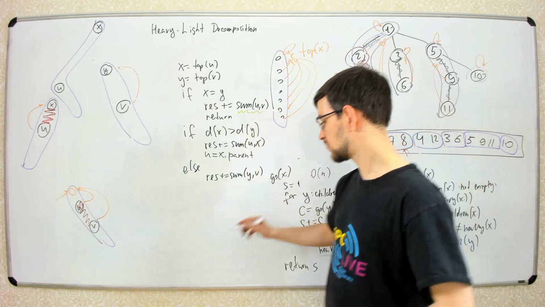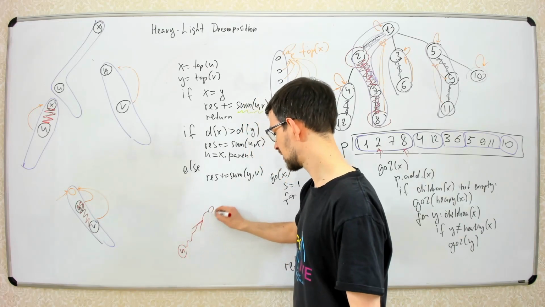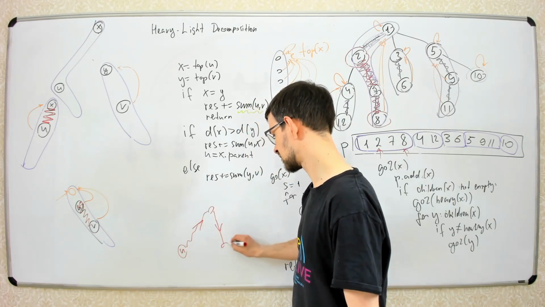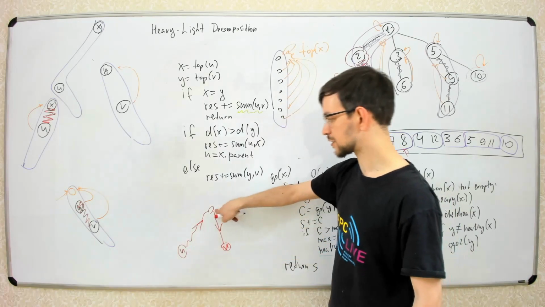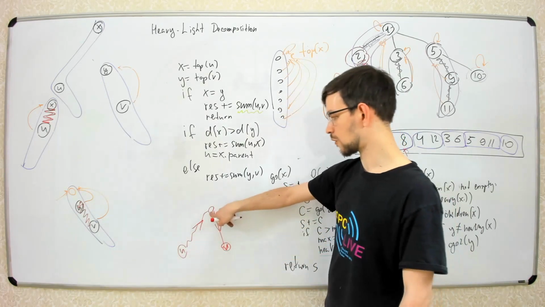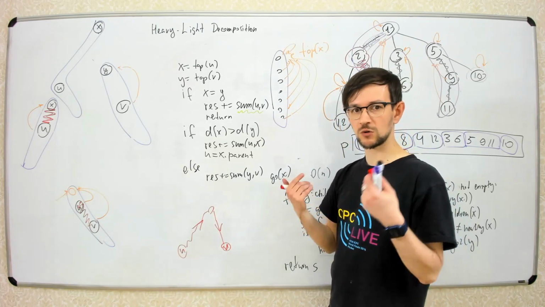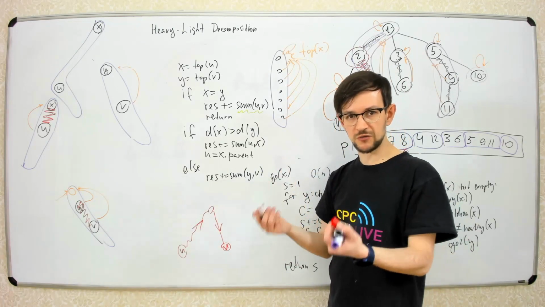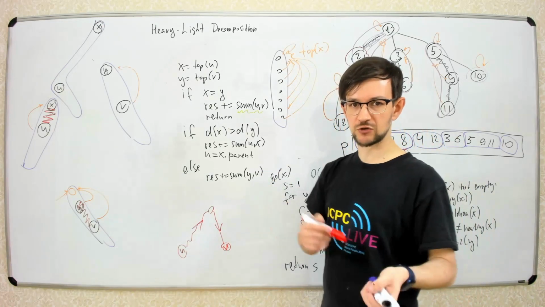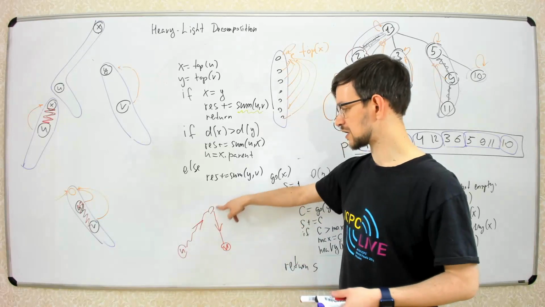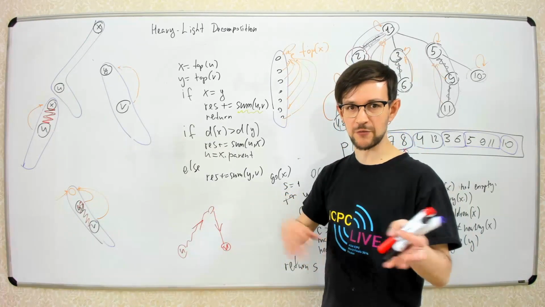If you take the path from U to V, it goes like this: first it goes up, and then it goes down. So when you calculate the function, on this part you need to calculate the function from bottom to top, and on this part you need to calculate the function from top to bottom. For different associative functions, it may be different, right? So you actually need to calculate two different segment trees, for a function like this and for a function like this. So these two parts should be calculated separately.